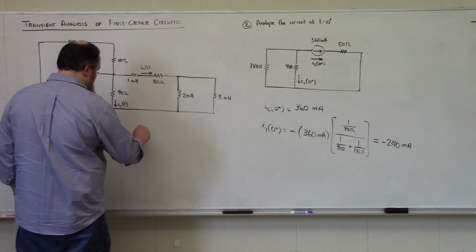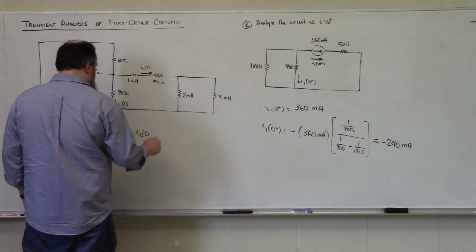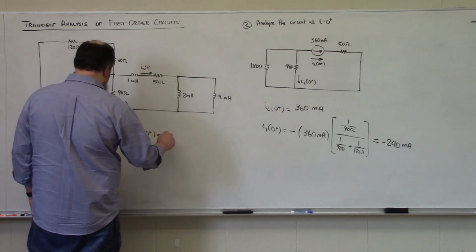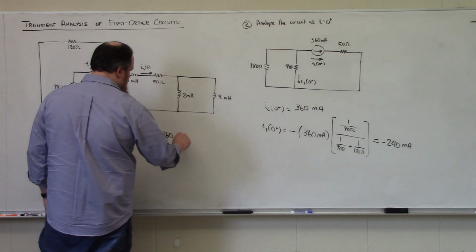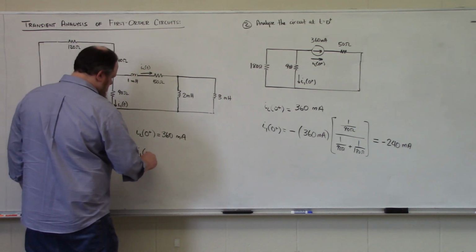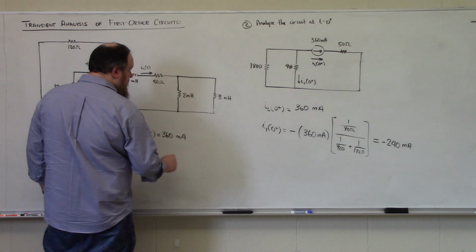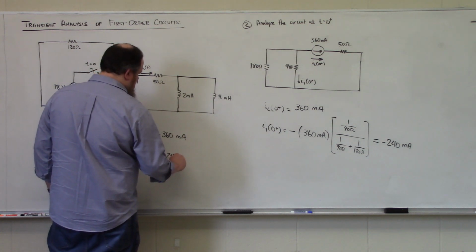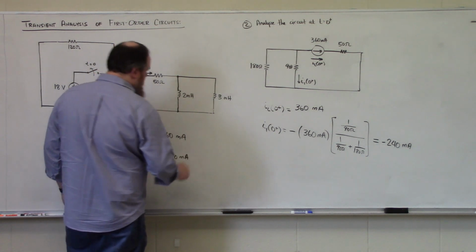So we have IL at 0 plus is 360 milliamps, and I1 at 0 plus is negative 240 milliamps.